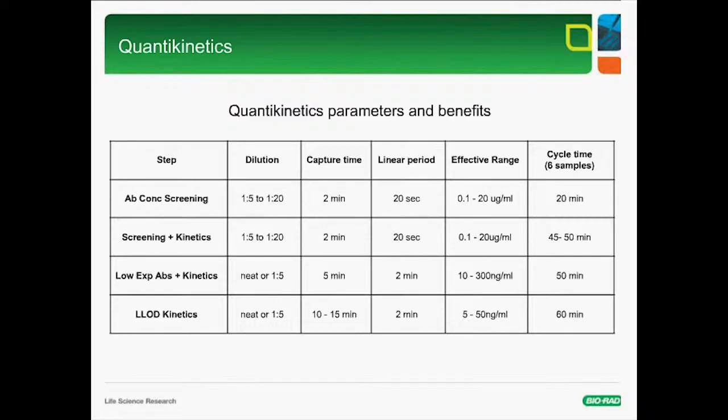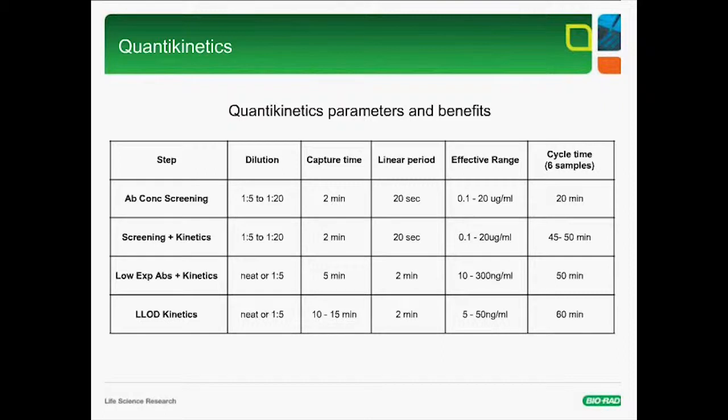And as we show here in this table, we were able to use the ProteOn XPR36 for quantitation of antibody samples in a wide range, and they all work pretty well. And the measurement time for each cycle, one cycle means quantifying 6 samples and then kinetic analysis, is pretty short.